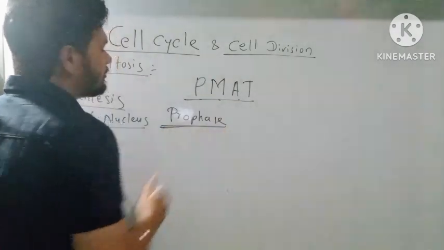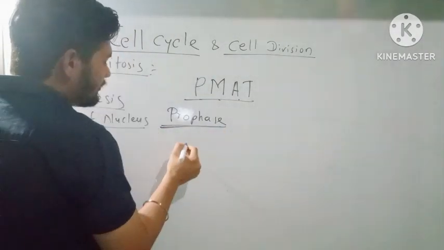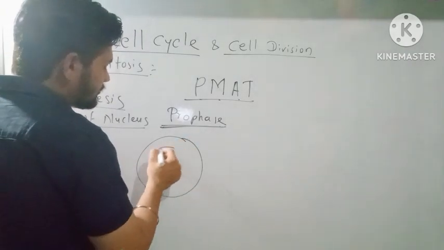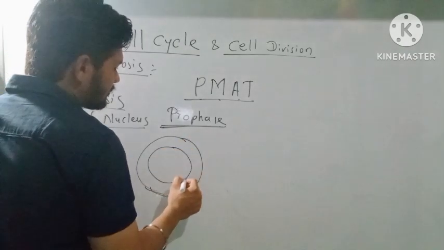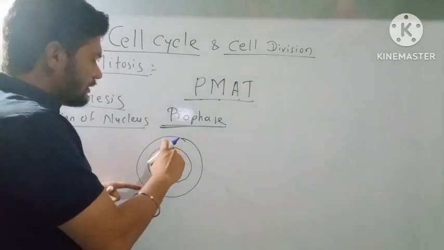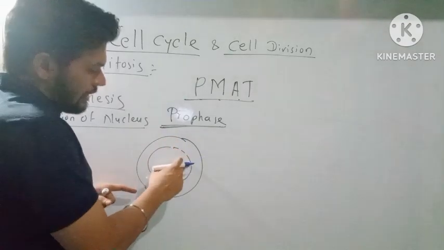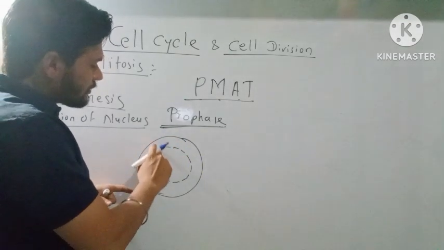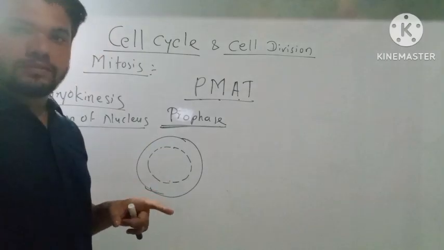So let's learn about the prophase first. What will happen in the prophase? The cell is fully matured, and in the cell you will start to see the disappearance of the nuclear membrane.